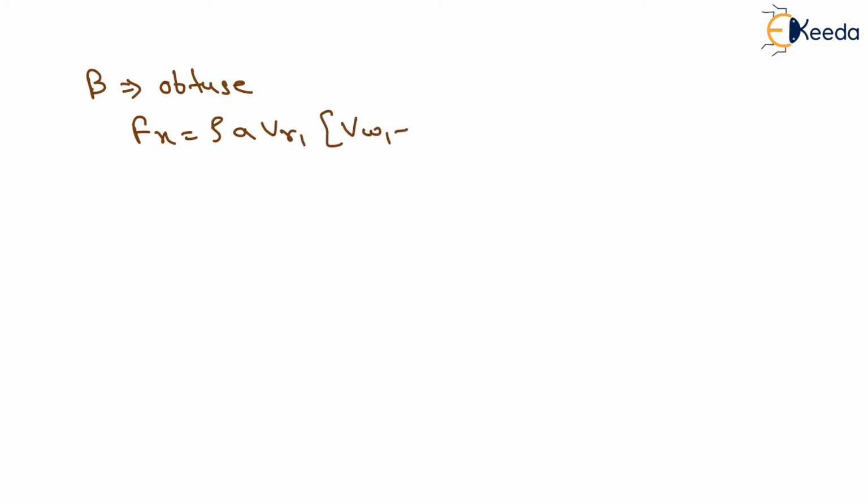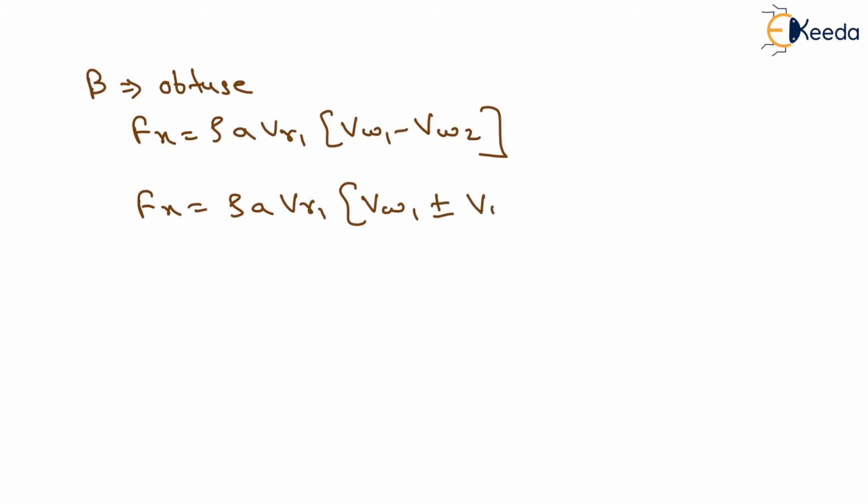Now if beta angle is obtuse, then Fx will become rho into A into Vr1 Vw1 minus Vw2. Thus, in general, we can write Fx equals rho into A into Vr1 Vw1 plus minus Vw2.